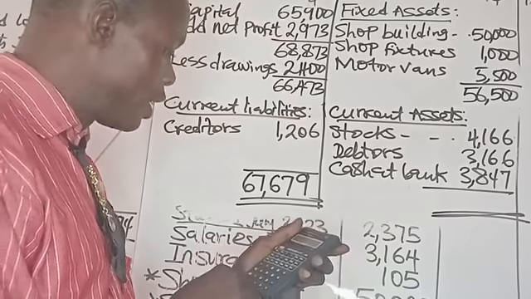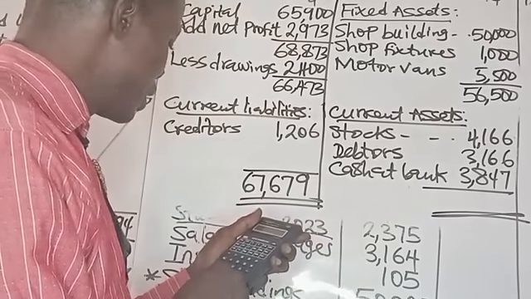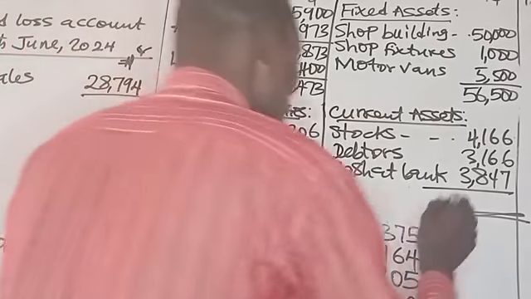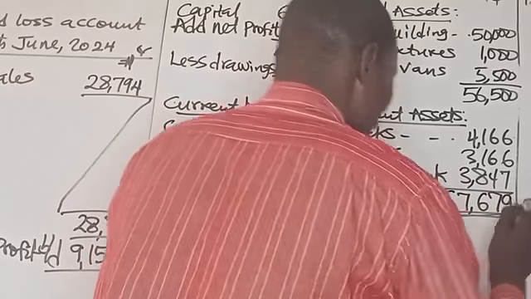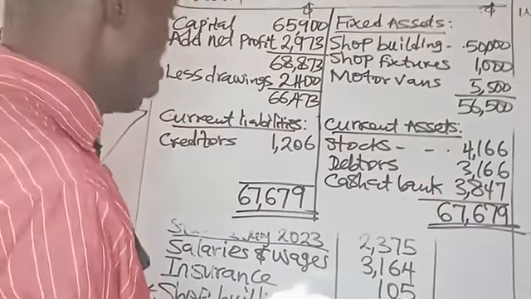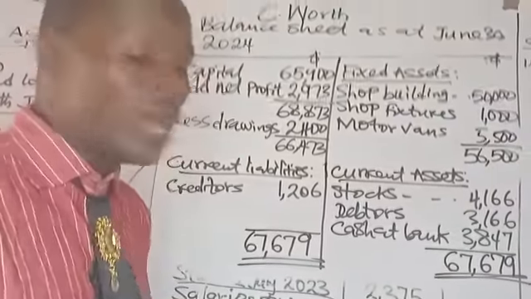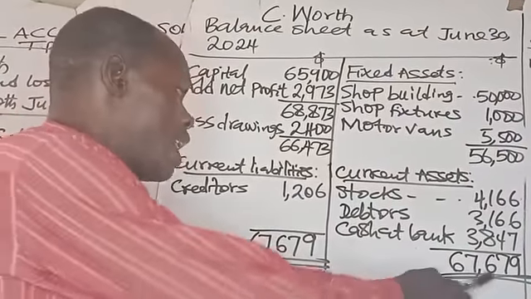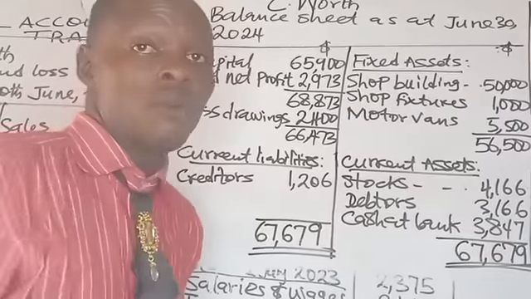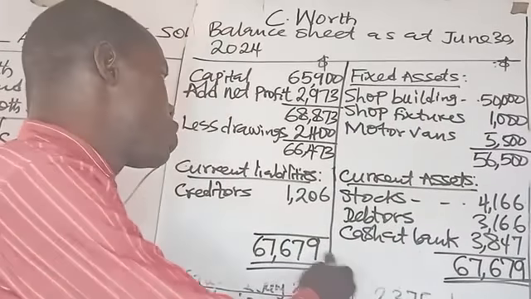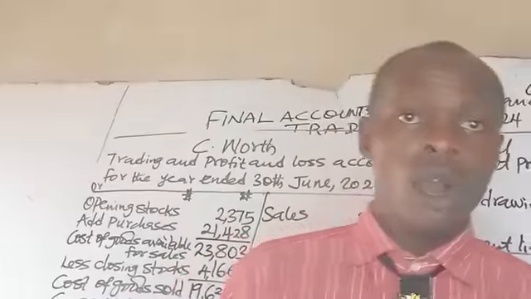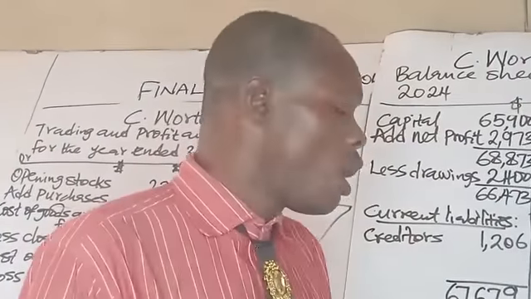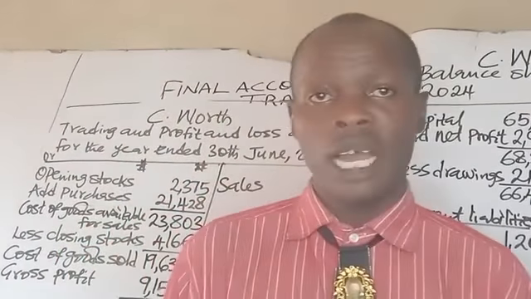So we have 67,679. If you look at the total of both the left hand side and the right hand side, we have the same figure. That's to show that our balance sheet balances. So this is the end of part 1 of final accounts of sole trader.